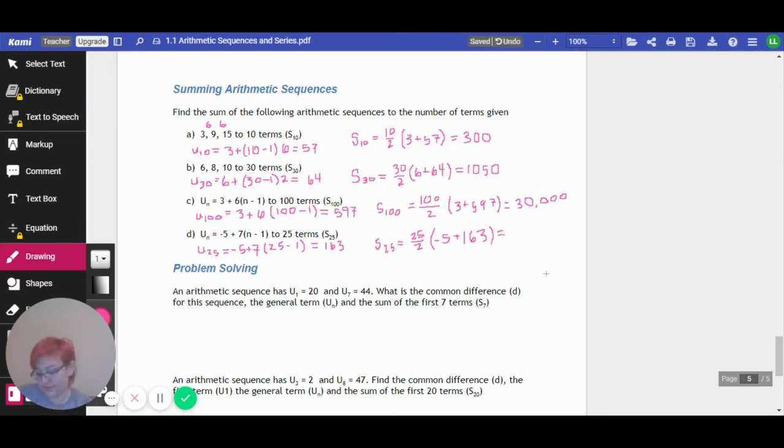All right. 25 divided by 2 times -5 plus 163 is 1,975.